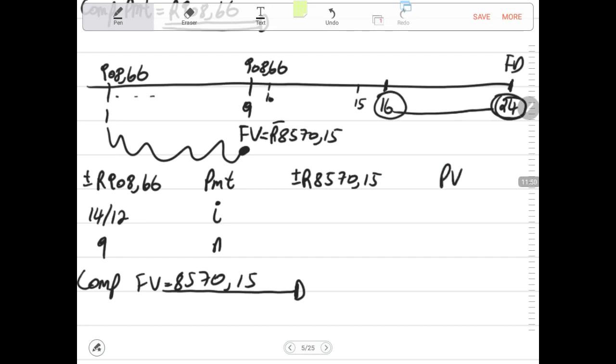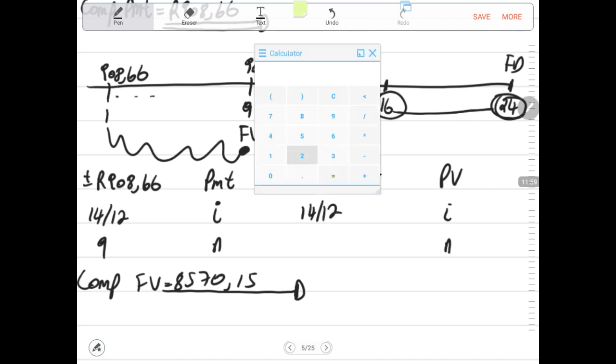And the interest is 14% divided by 12. Our N will be 24 minus 9, because from the 10th month this amount will be accumulating interest.